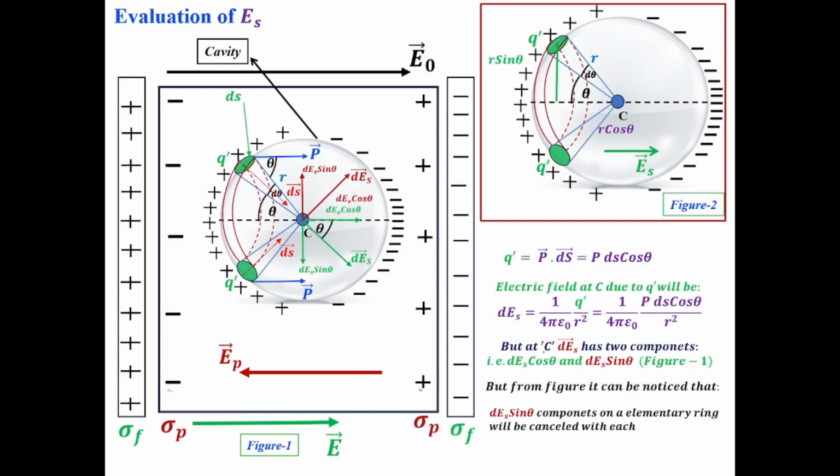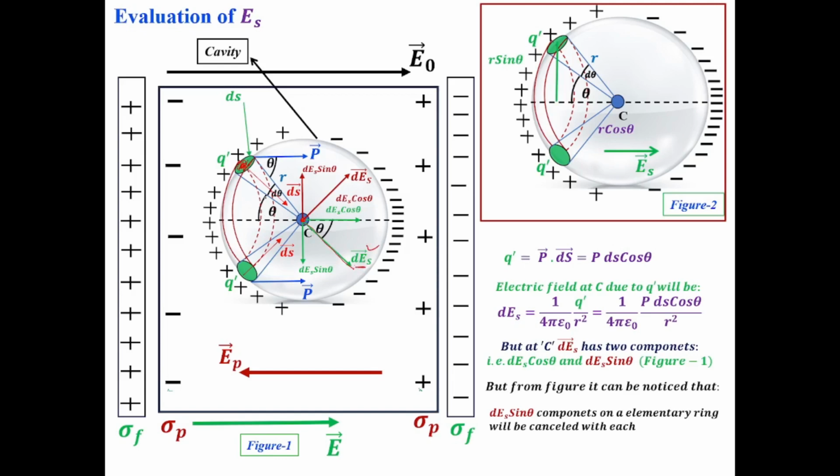But at C, dEs has two components. Here you can see at C, this is the positive charge, so the electric field intensity at C will be along this direction. This is the dEs direction.